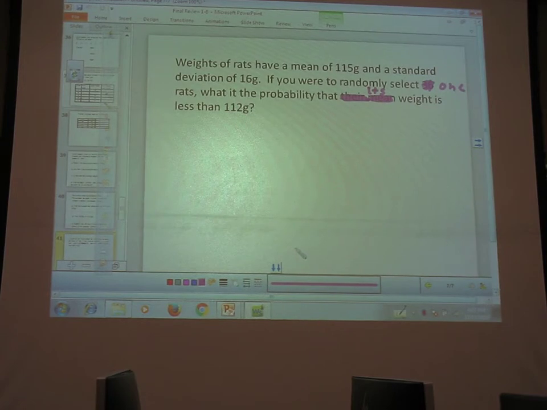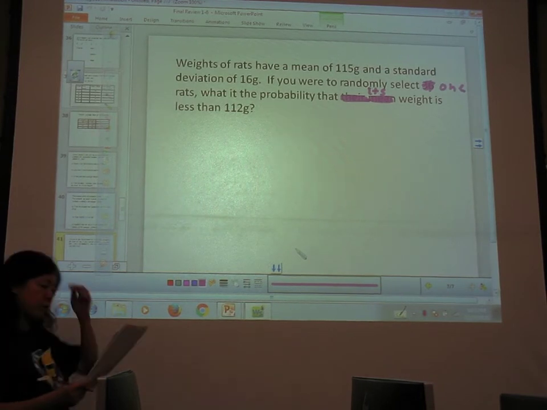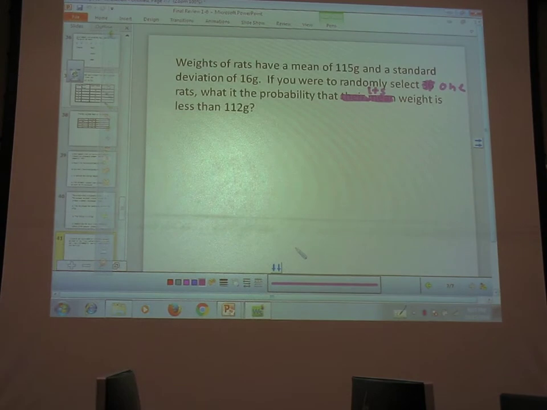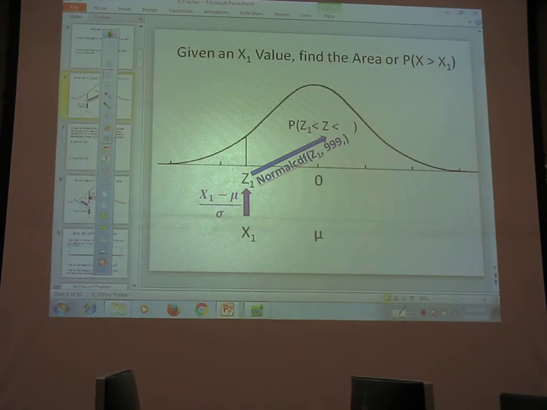The word mean should not be there on the second one. Its weight is less than 112 grams. Did you guys find it already? No? All right, we'll take a quick look here.